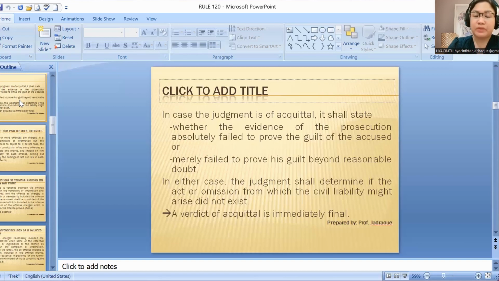Why? Because a verdict of conviction is not immediately executory. You have there the crucial 15-day period that needs to lapse prior to the finality of the conviction of the accused.